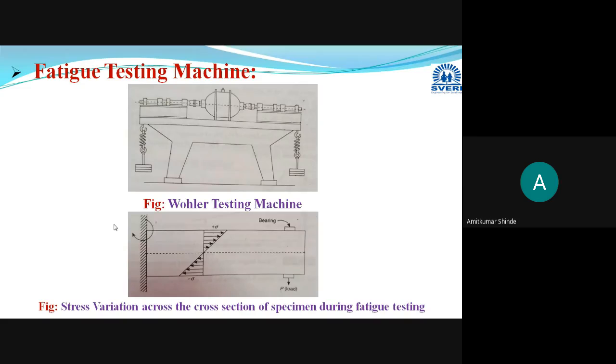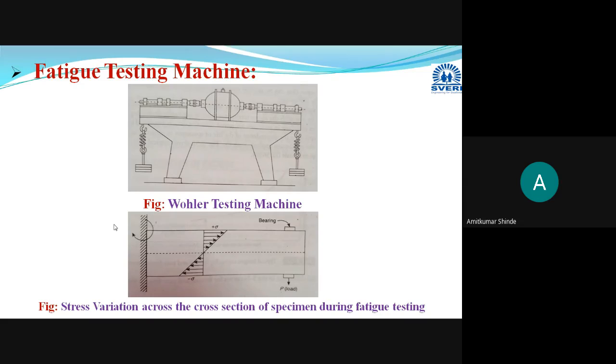At a particular stage that component will fail. At that time, your fatigue test will get completed, and at the end of this you will get a curve, that is the SN curve.